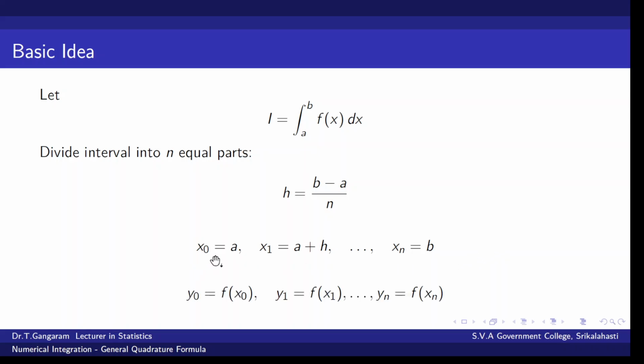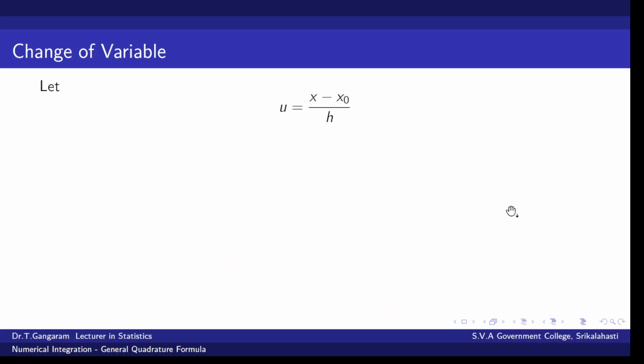So by substituting these x values in the given function, we can get y naught, y1 and so on up to yn values.